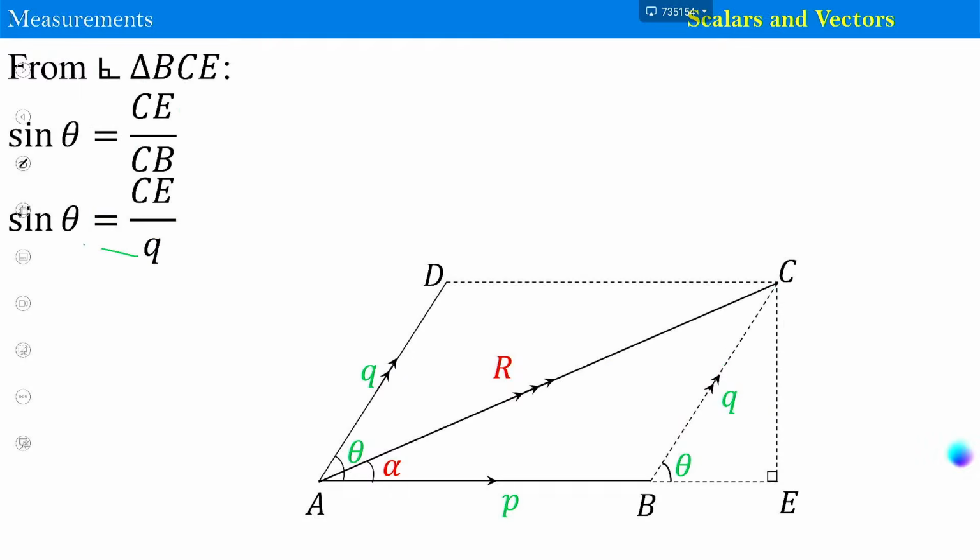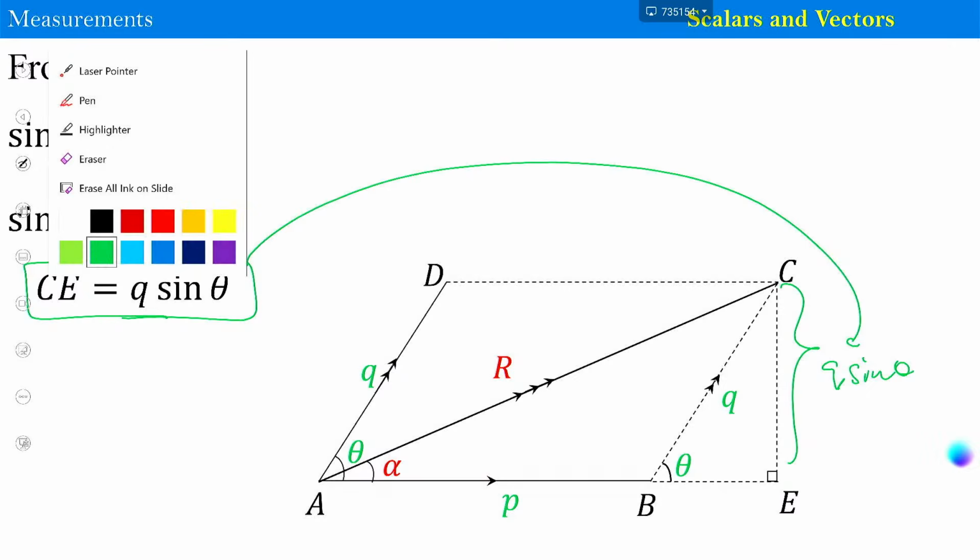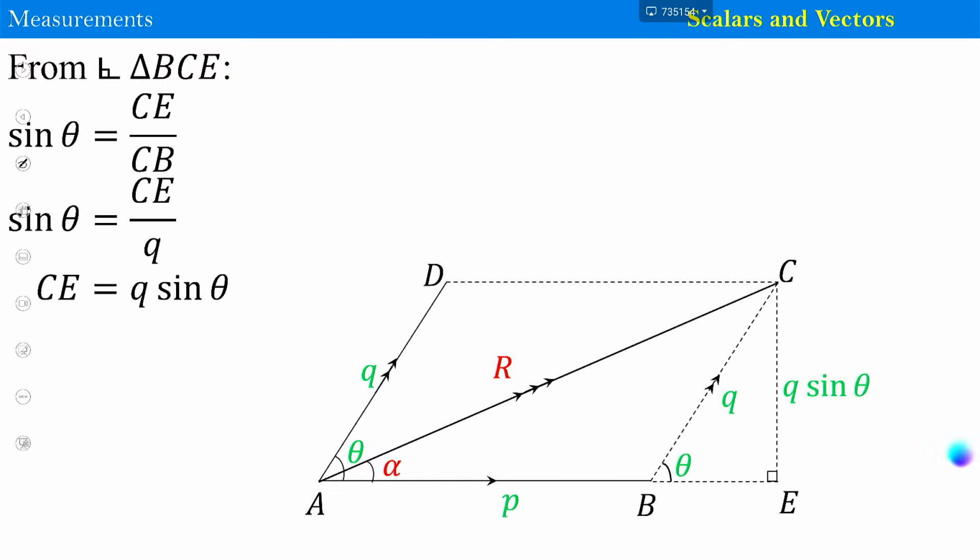Then you do the cross multiplication, and CE equals what? CE equals Q sine theta. So we write cos theta.